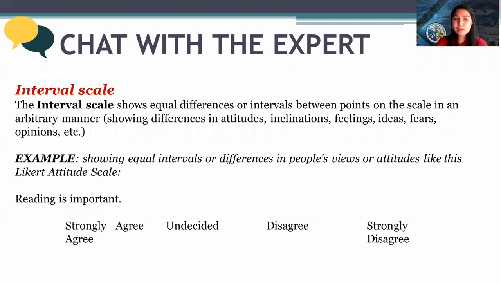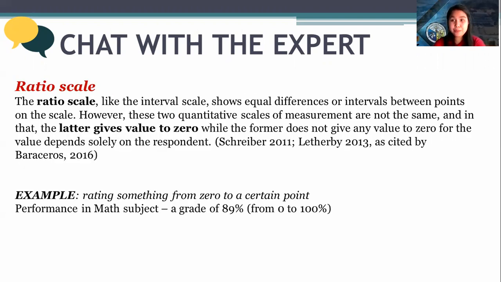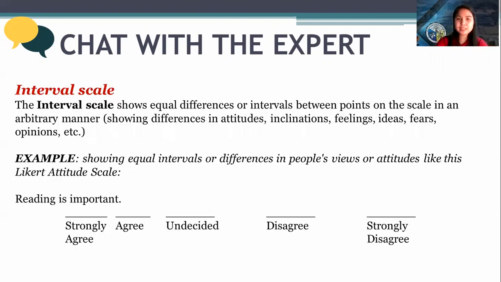The next ones, the interval and the ratio scale, are both numeric. But what's the difference? In the interval scale, there is an equal difference. Example, we rate them strongly agree, agree, undecided, disagree, strongly disagree. Or how often does your teacher come late? Never, rarely, sometimes, most of the time, all the time.